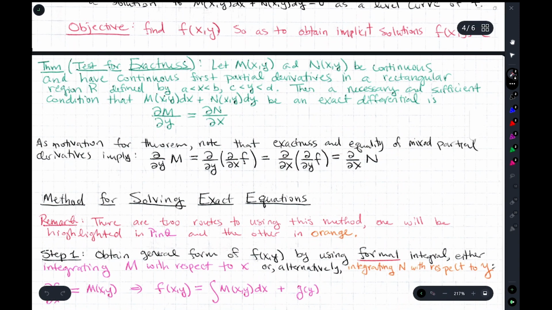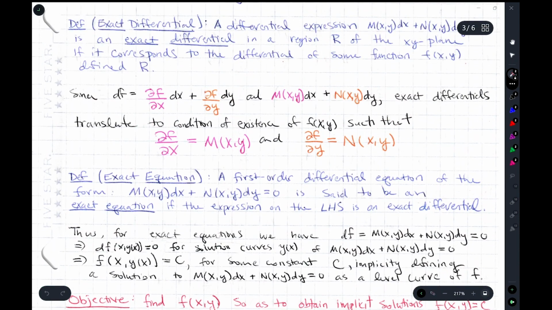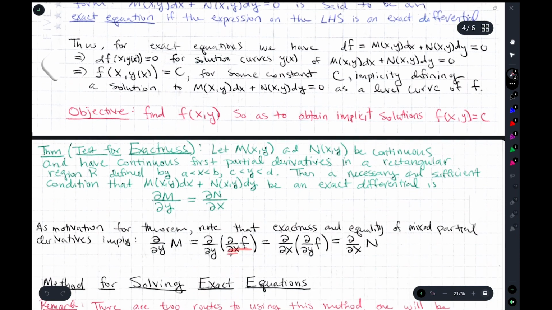We won't prove it here, but to motivate it, note that exactness and equality of mixed partial derivatives imply this. So if we take the partial derivative of M with respect to y, well, what is M for an exact differential? M would be equal to partial f partial x. And so we substitute for M partial f partial x, and we now have the partial derivative with respect to x, and then y acting.